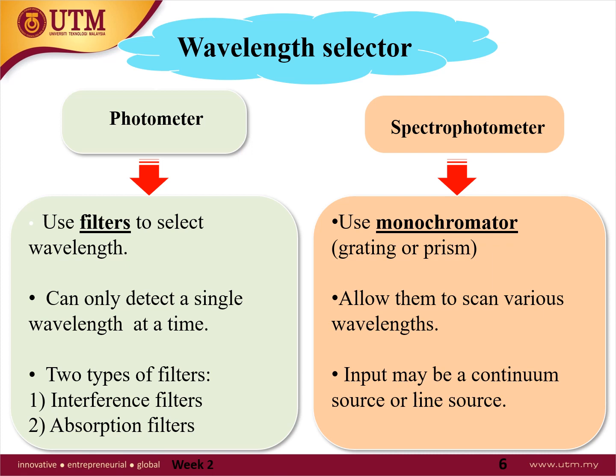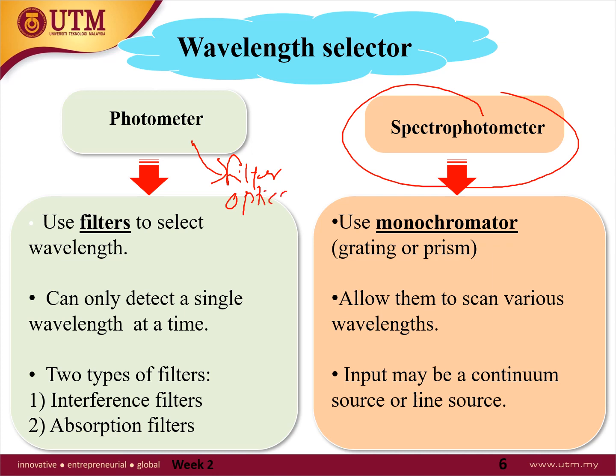Then we go to the second part, which is the wavelength selector, or we call it the monochromator if you are using a spectrophotometer. This is where the identity differs between using a photometer or a spectrophotometer. A photometer is easy: you just remember that if you use a filter as your optics, then you are using a photometer.